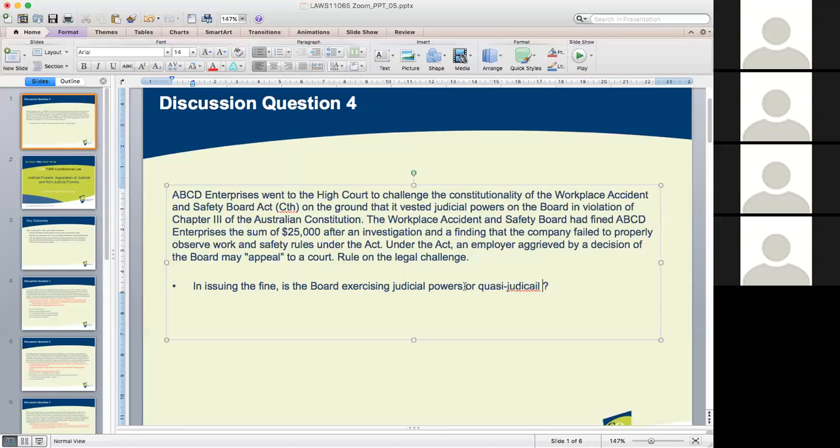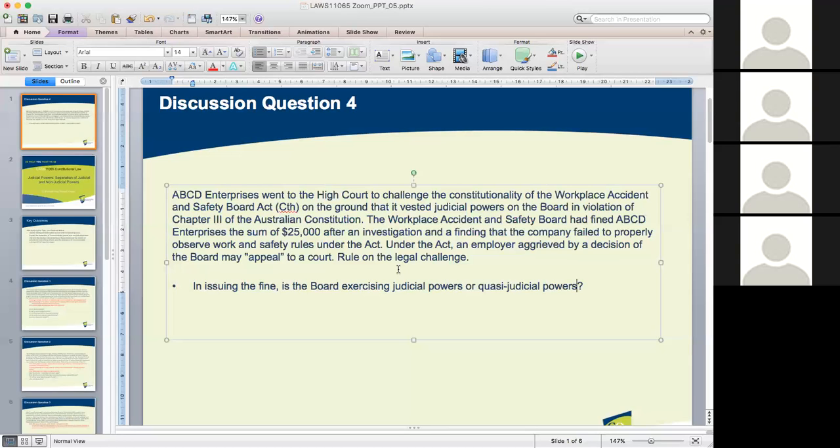But my point there was you're only focusing on a dimension of the facts, the issuance of the fine. Isn't there anything else that is relevant to the question of whether or not the board is exercising judicial or non-judicial powers? What is in the Act about the powers of the board which are relevant to a determination of whether or not the board is exercising judicial powers or non-judicial powers? In other words, I'm asking you to raise the issue that has been initially identified to a broader level.